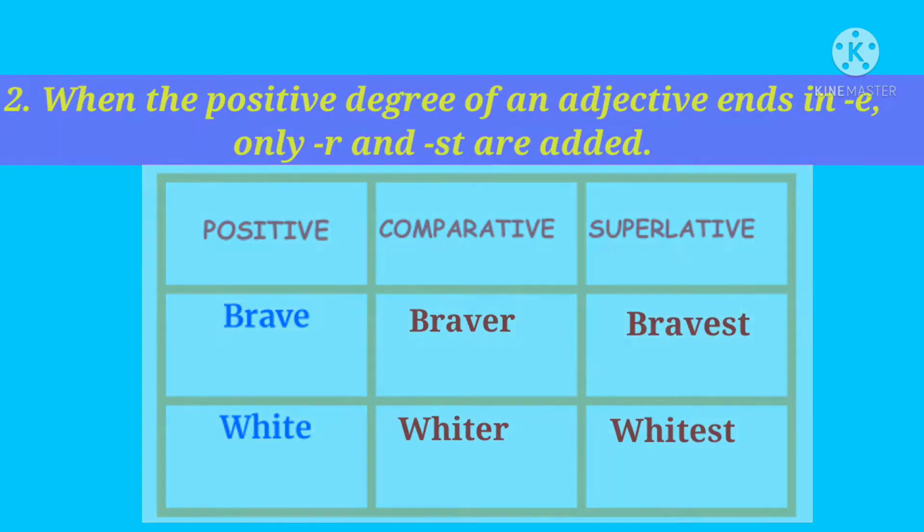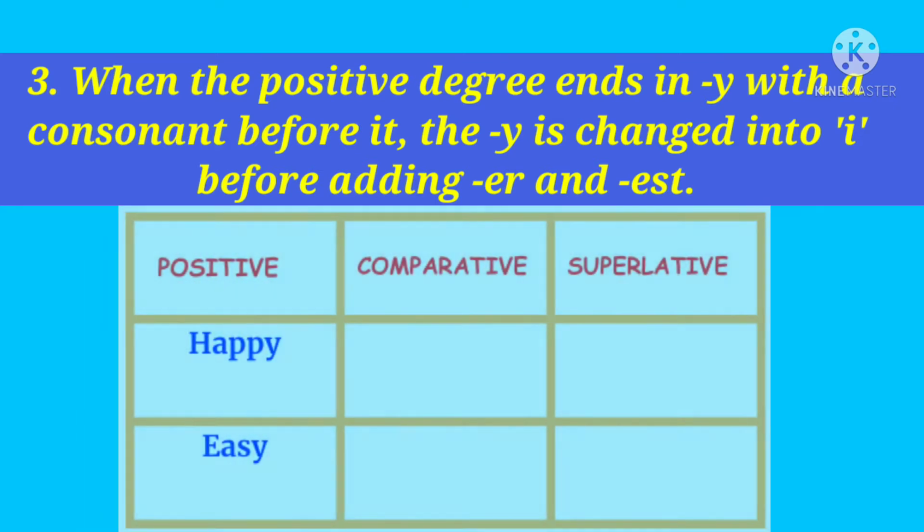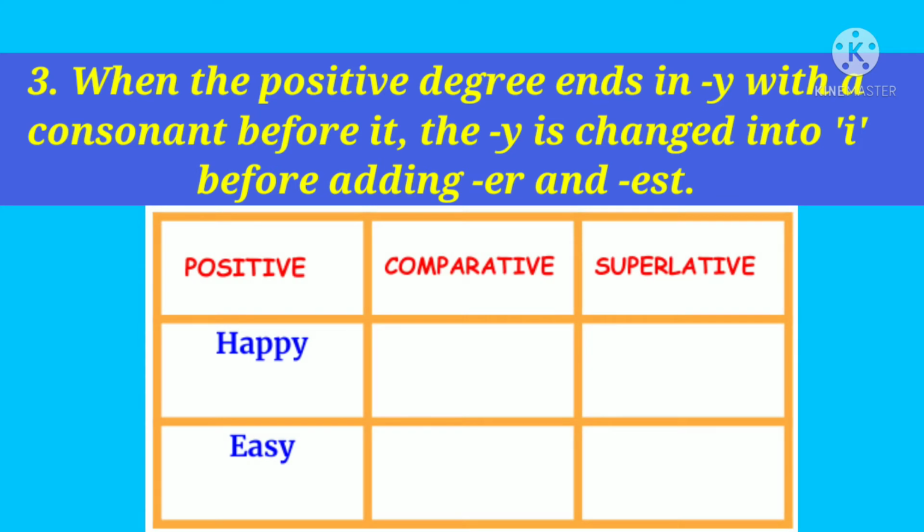The next rule is that when the positive degree ends in y with a consonant before it, the y is changed into i before adding er and est. Alright. For example, these two are the positive degrees, that is happy and easy.